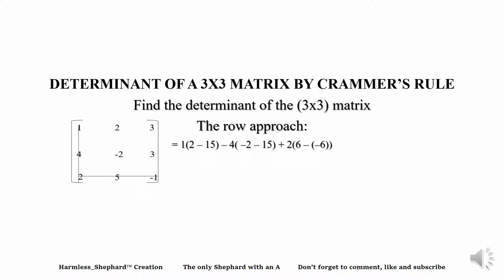But how we are multiplying is we multiply the first element in column 1 with the second element in column 2, and then you come back and multiply the second element in column 1 and the first element in column 2.